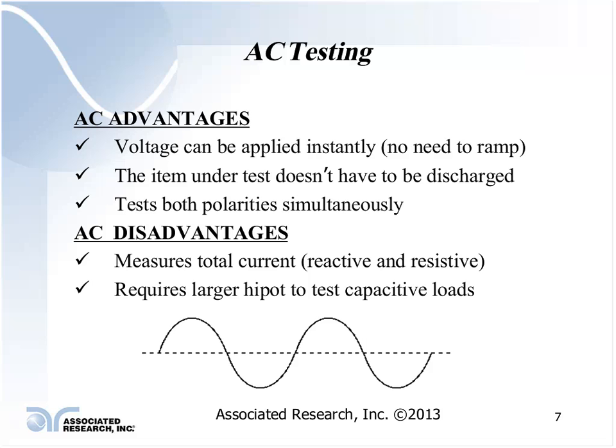Okay. AC disadvantages: you are measuring total current, which is a combination of reactive and resistive. This can be both an advantage and a disadvantage. From a shock hazard standpoint, I am interested in the total current, okay? Which is a combination, again, of reactive and resistive.